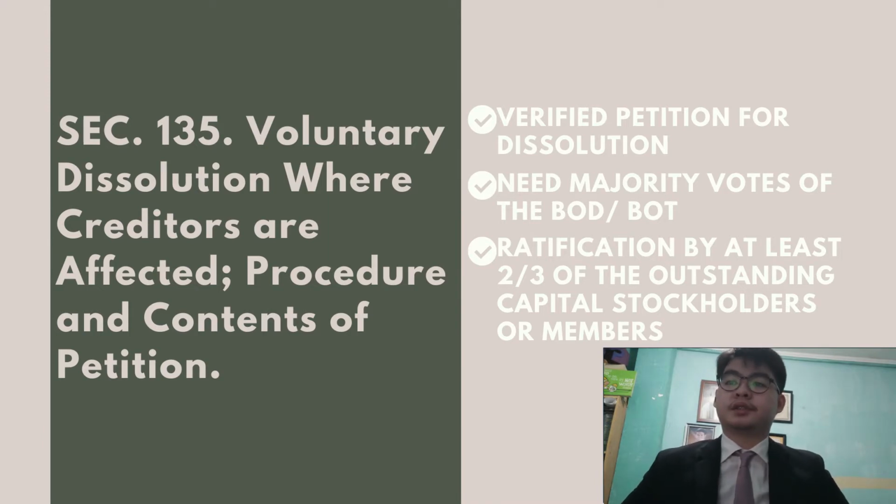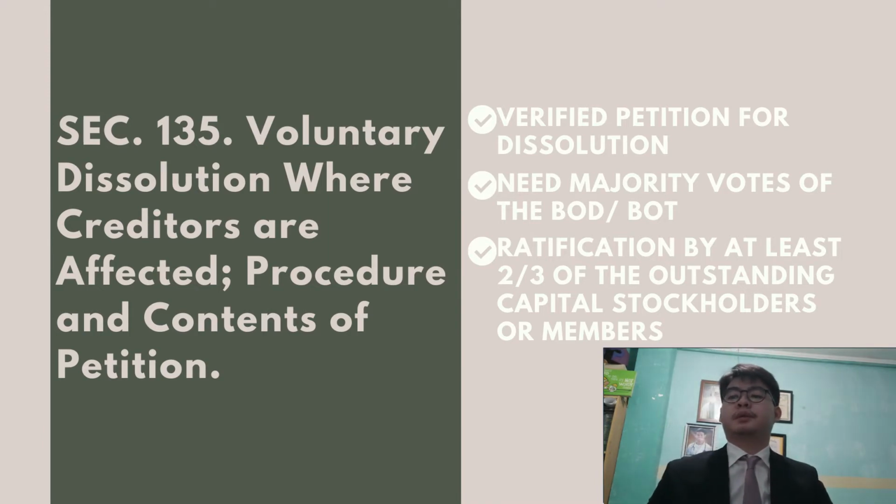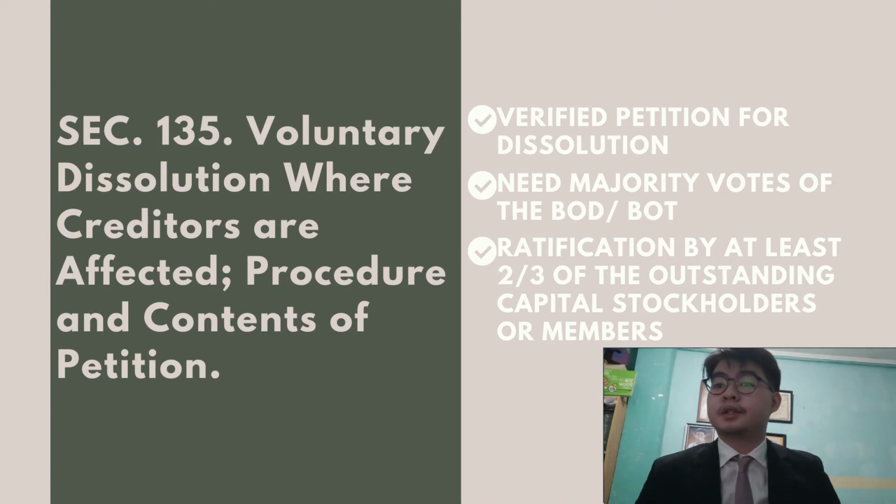Take note of the difference in the number of stockholders or members needed to ratify between when creditors are affected or not. When creditors are affected, a higher percentage of the outstanding capital stockholders or members is needed: two-thirds.